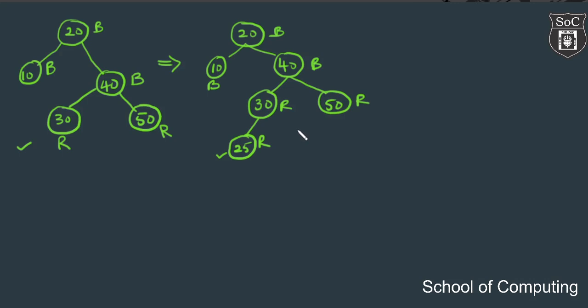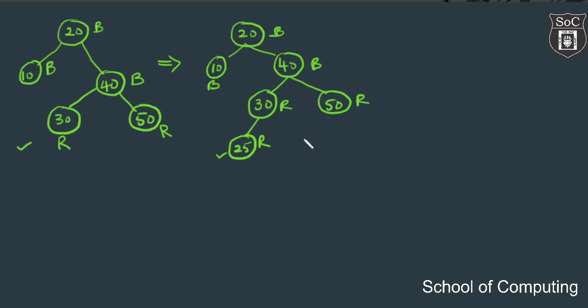Parent is 30. Sibling of 30, do we have a sibling? Yes, we have a sibling for 30. The sibling is 50. So for 25, is there any uncle? Yes, there is an uncle, and the uncle is node 50. And what is the color of node 50? It is red in color.